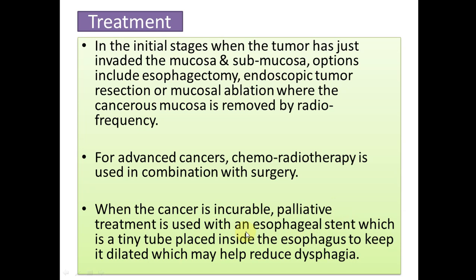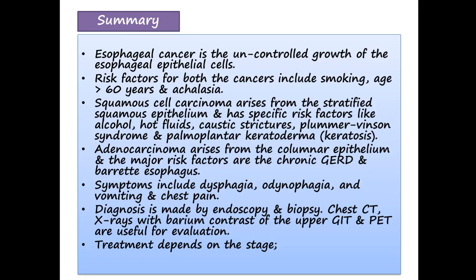One of the ways in which we treat the patient is that we put in a small esophageal stent, which is a tube-like structure, inside the esophagus, and we artificially make the esophagus dilated. This procedure, which is a sort of palliative treatment, may help the patient with dysphagia and odynophagia. So this is the summary.